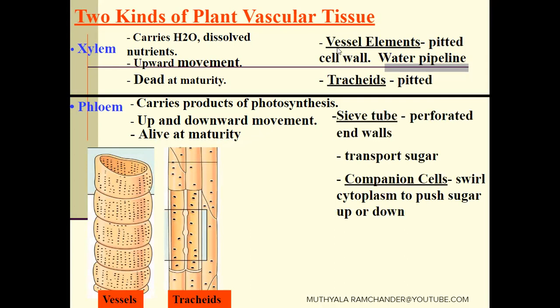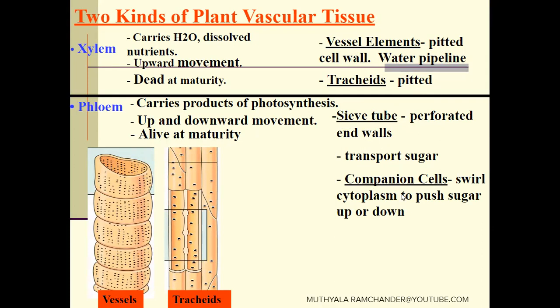In xylem, vessel elements have pitted cell walls and look like a water pipeline, and tracheids are also pitted. In phloem, there are sieve tubes with perforated end walls that transport sugar, and companion cells are present.